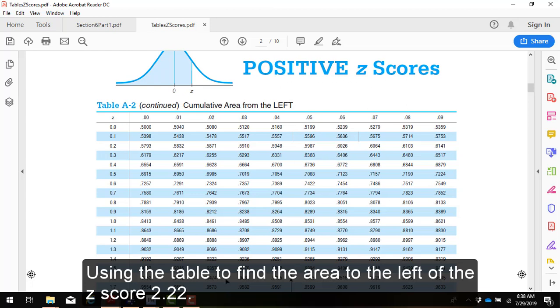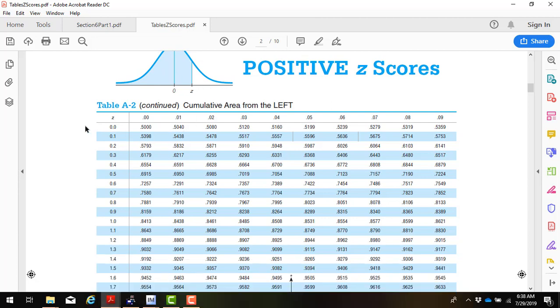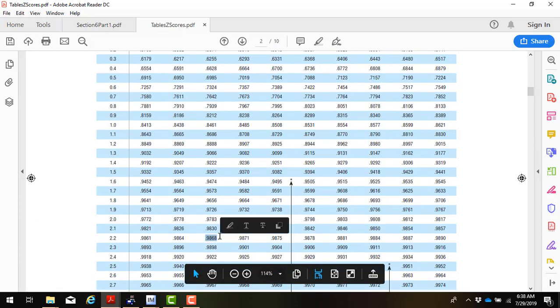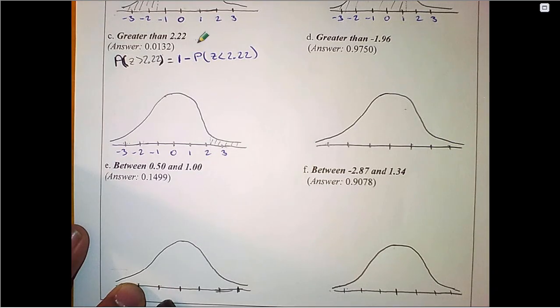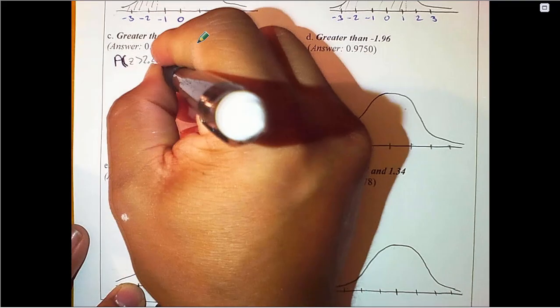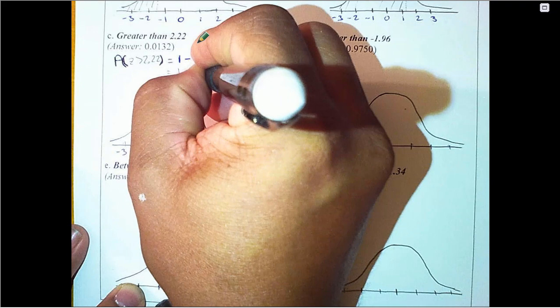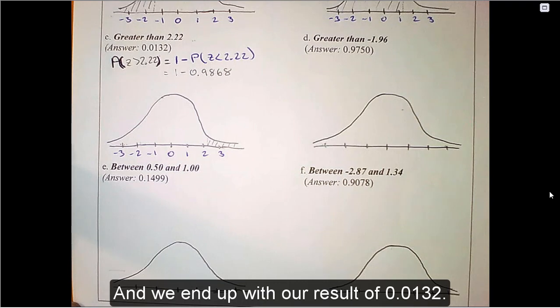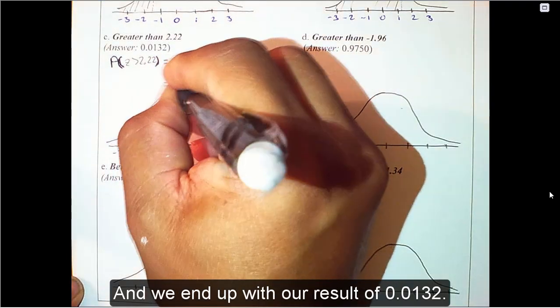Using the table to find the area to the left of the z-score, 2.22, and we end up with our result of 0.0132.